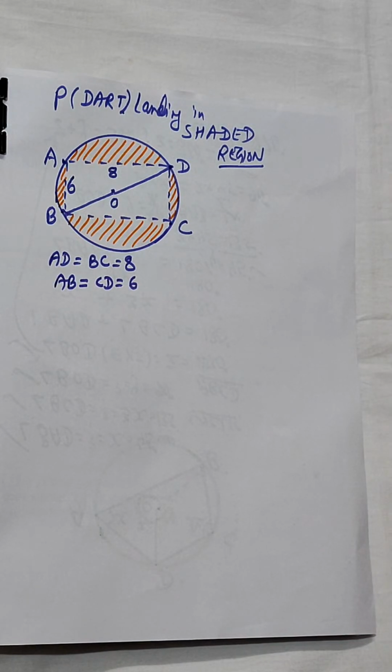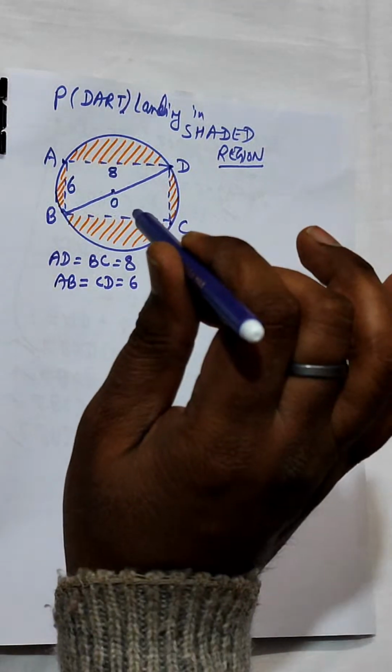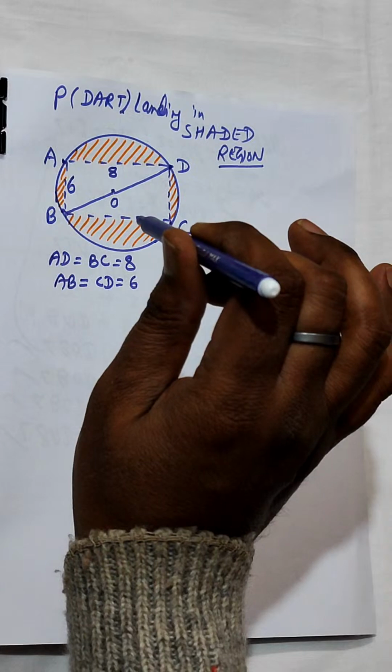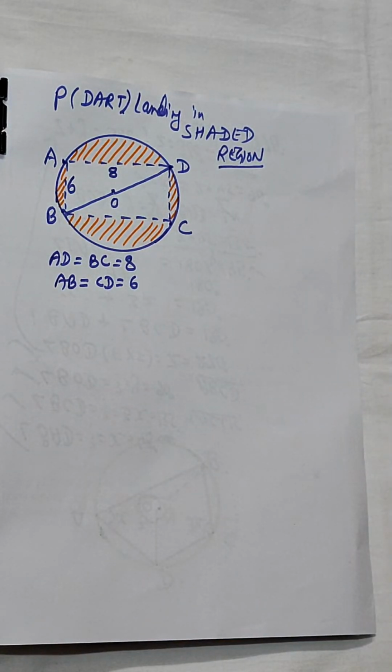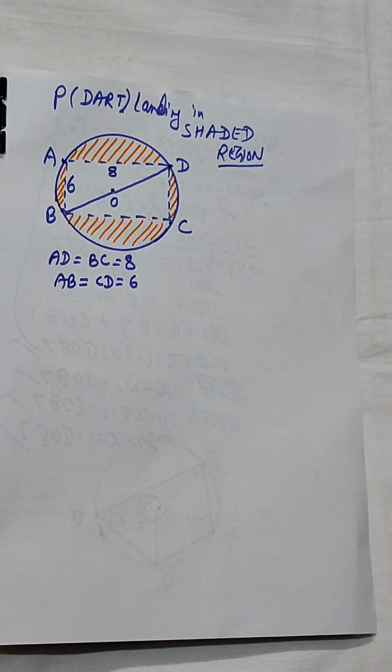Now we need to find the probability of the dart landing in the shaded region. What is the chance of that? What is the favorable outcome you are having, right?